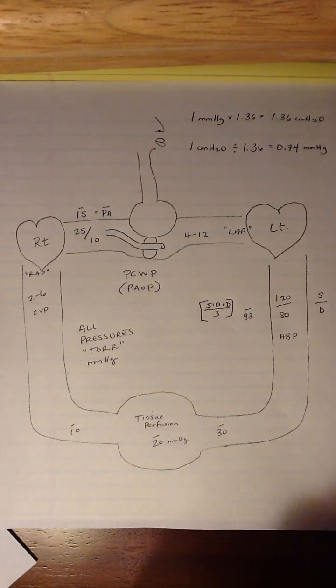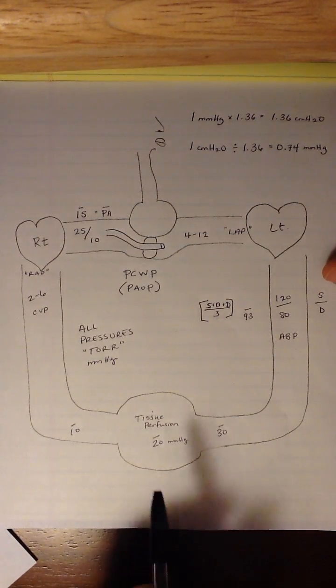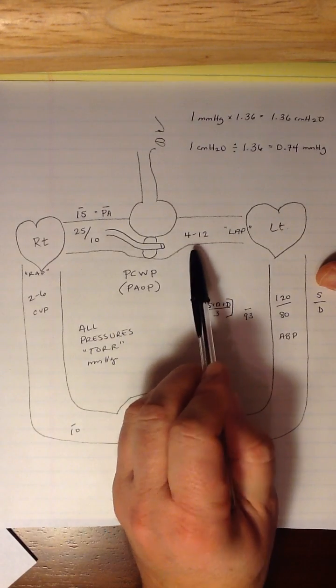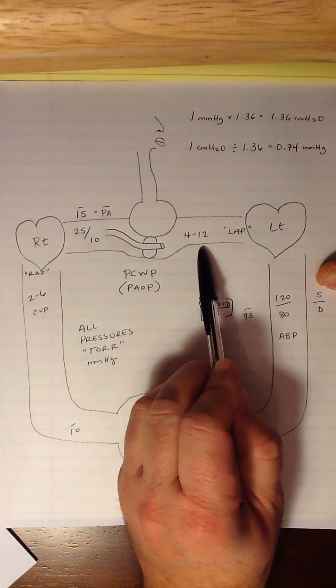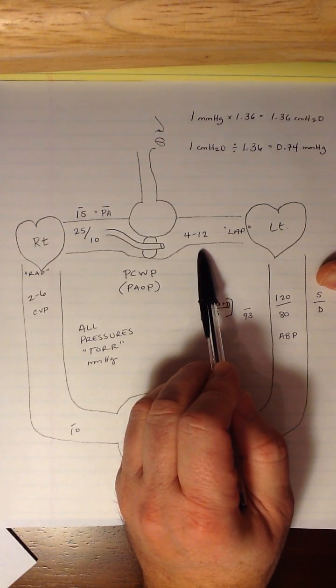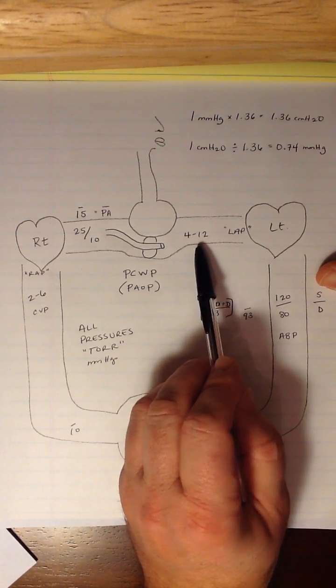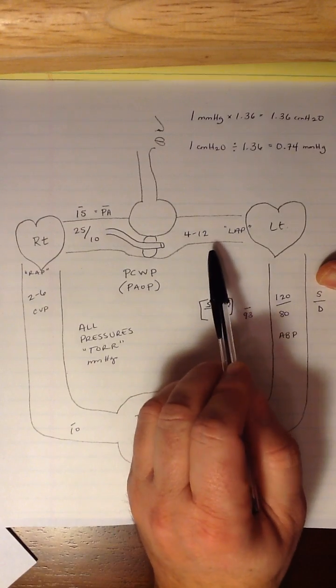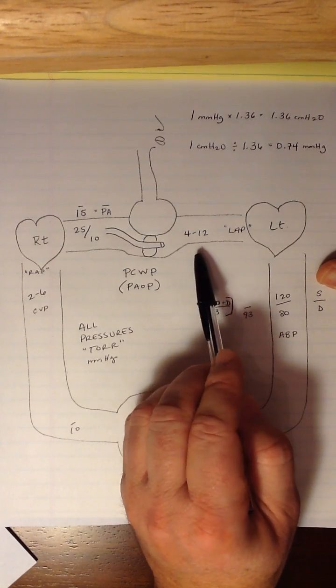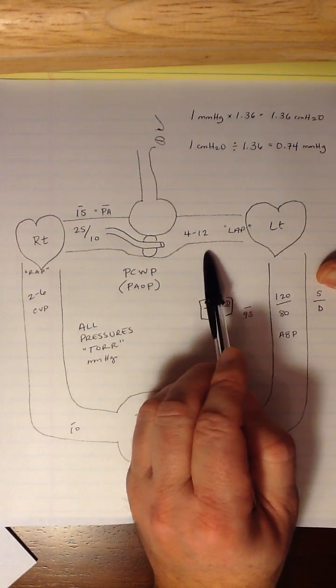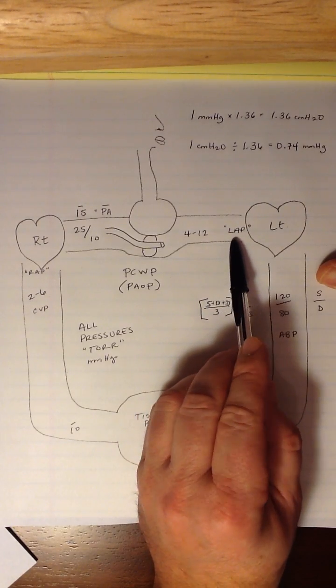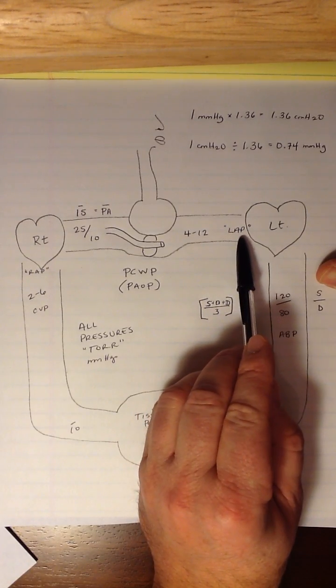So PCWP or PAOP, either way. Normal wedge pressure is around 4 to 12 millimeters of mercury, middle number of about 8. The pulmonary capillary wedge pressure is very close to the pulmonary vein pressure, which approximates the left atrial pressure.